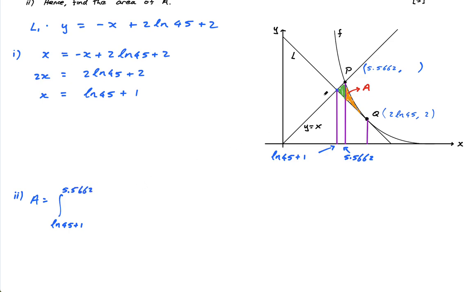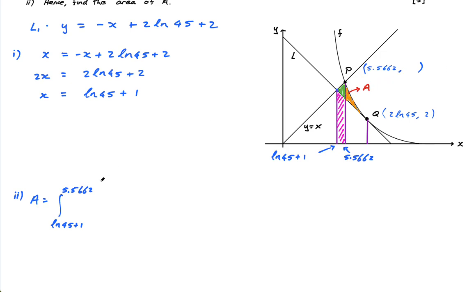And then I need to do the integral of x minus the integral of L, because when I integrate x, it's going to give me all this area underneath this straight line, but I need to subtract this pink area, which is the area under the line of L within the same limits.